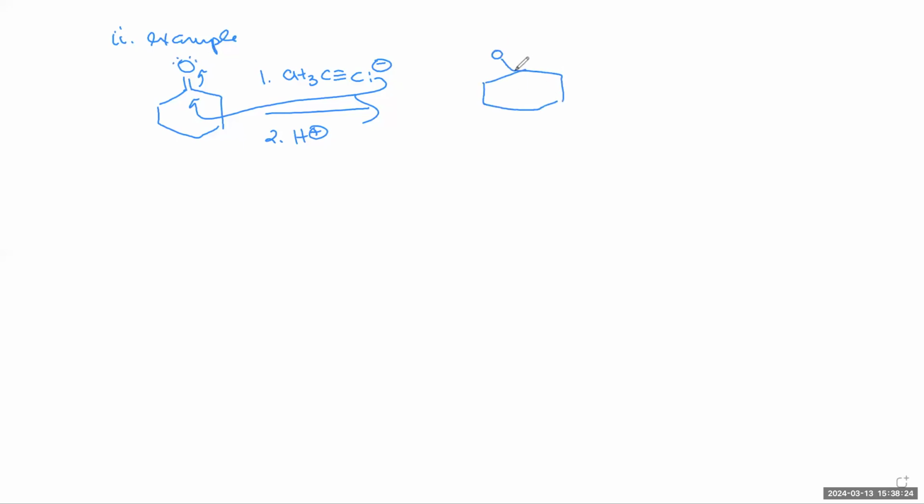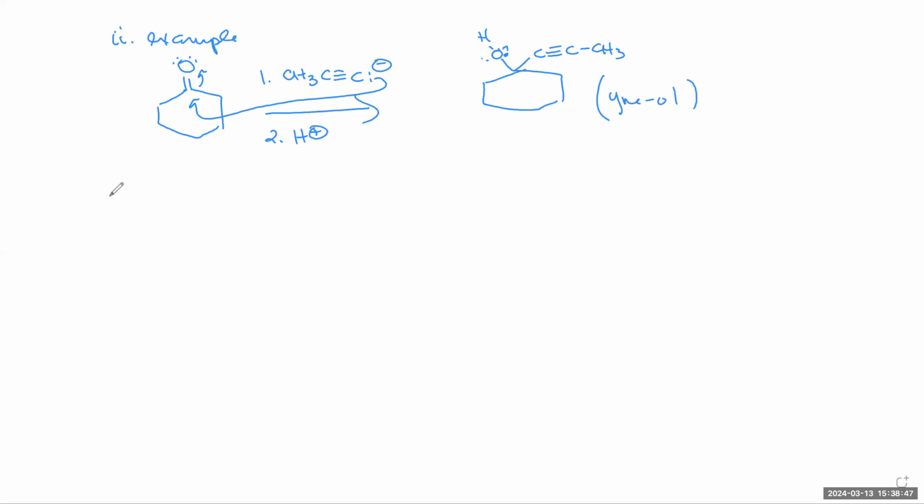So it's going to end up with a single bond, C triple bond C to CH3 would be here. And then when you add the acid, you'd protonate that oxygen. So you'd end up with this ynol as a product. So those are pretty straightforward. I don't think that those are necessarily too bad.